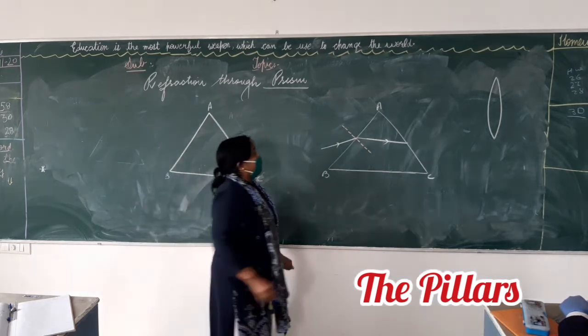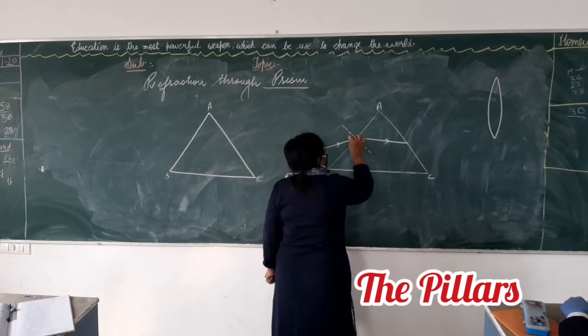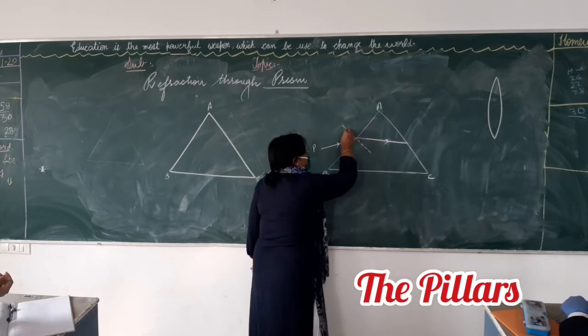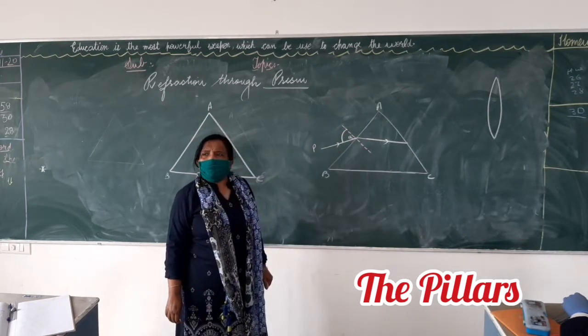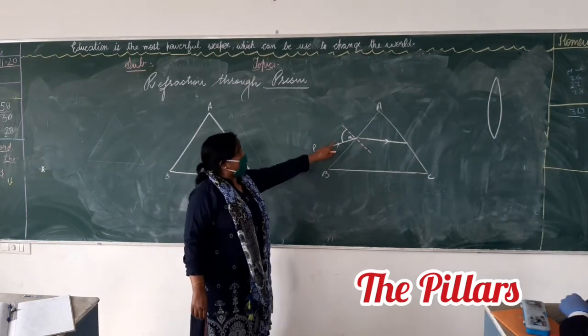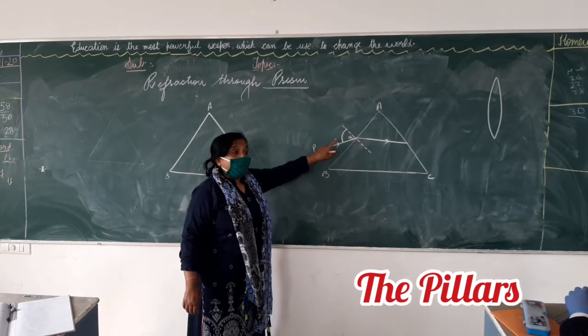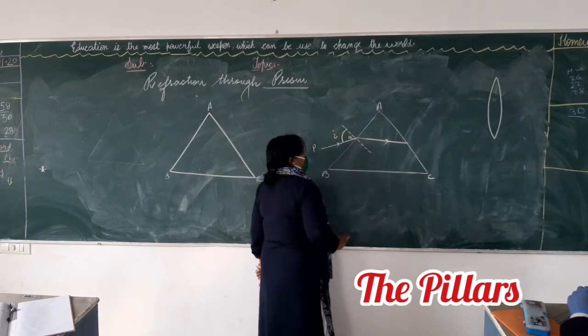Now, this is your ray PQ incident on this. This was the normal. What is this angle called? Angle of incidence. I will give you everything, don't worry.